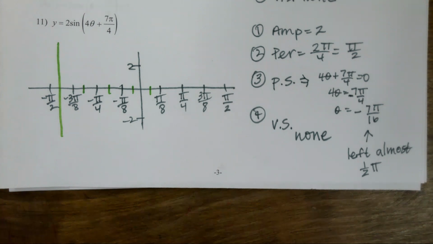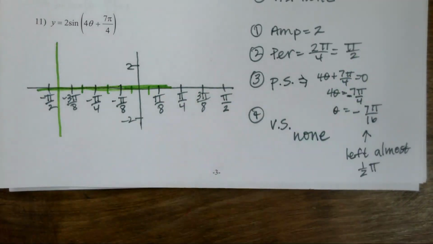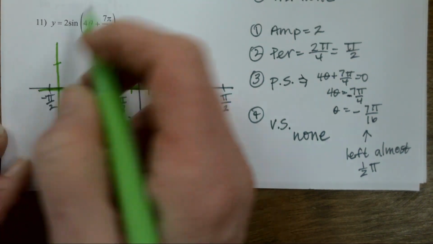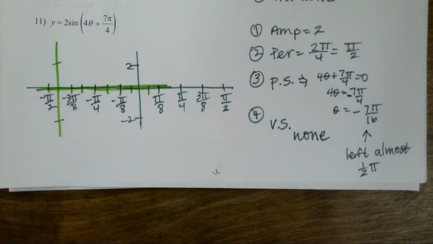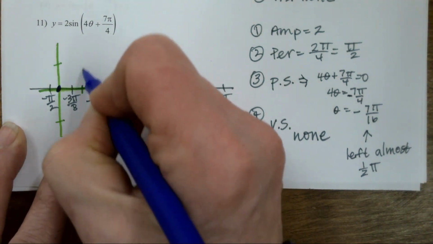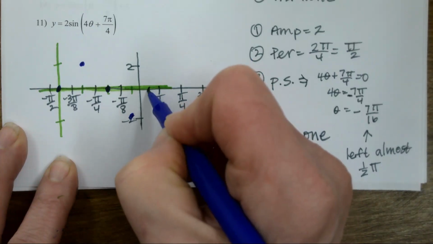And I need to make 4 new ones to graph my new sine. Sine starts at 0, goes up, back to 0, down, back to 0.